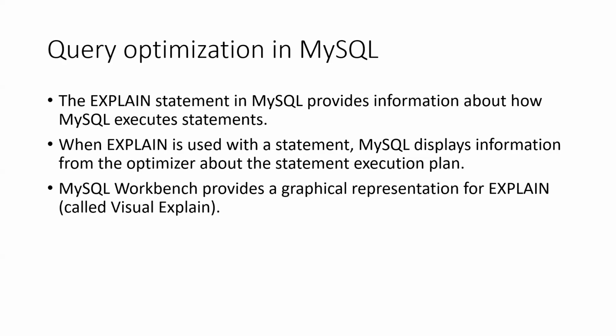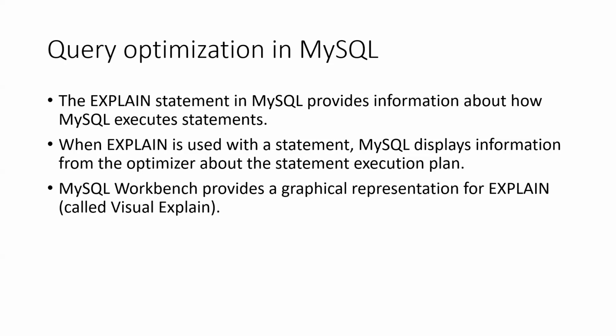As I already showed you last time, in query optimization in MySQL, we can use the explain statement. So whatever query you write, if you put explain first in the command line, you will get some information about how MySQL expects to execute that query. Right.